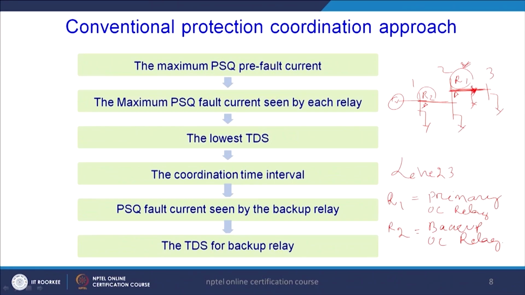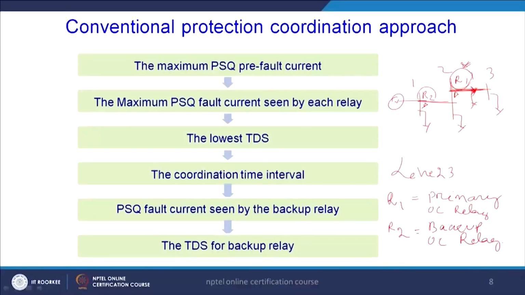this relay R1 should react as quickly as possible, and the time of operation may be within 0.2, 0.1 seconds depending on its TMS and plug setting, because as I said, every overcurrent relay has its plug setting multiplier corresponding to the fault current and also TMS. This PS and TMS are fixed.